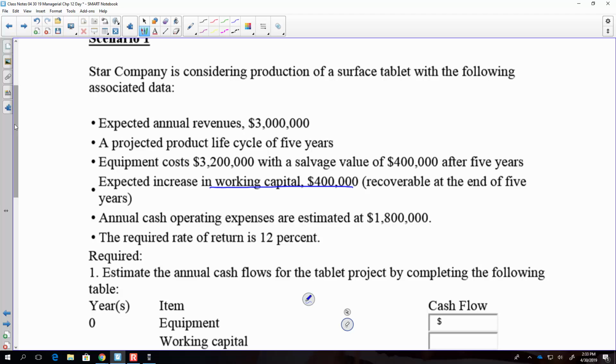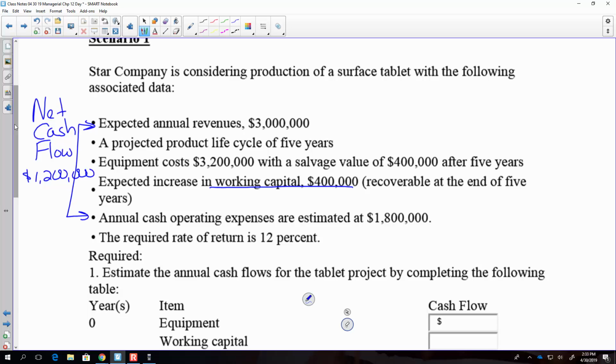We're looking at a net cash flow, which means revenues minus the expenses, of $1.2 million per year over these 5 years.